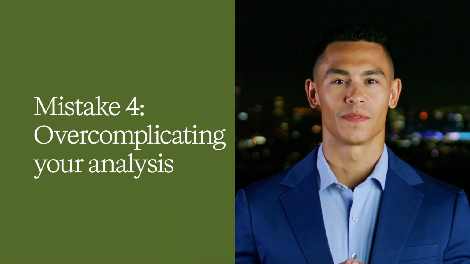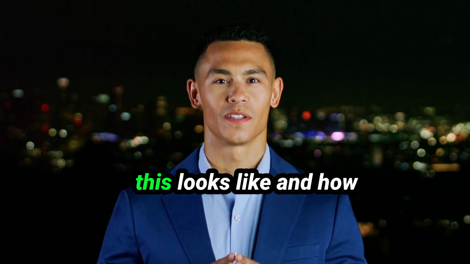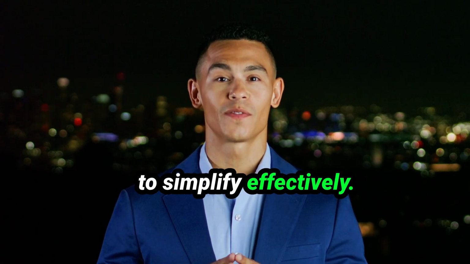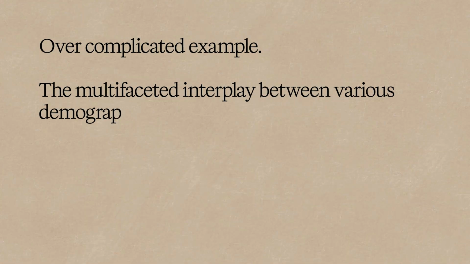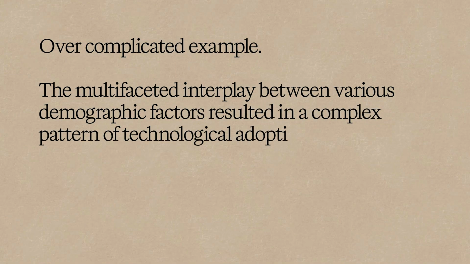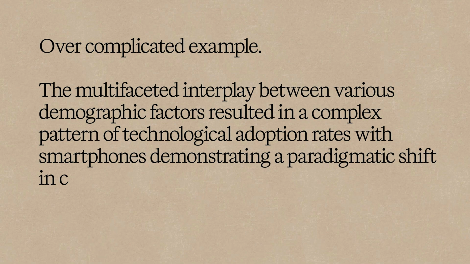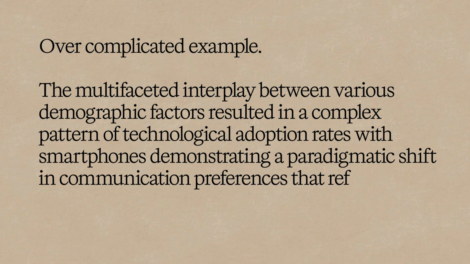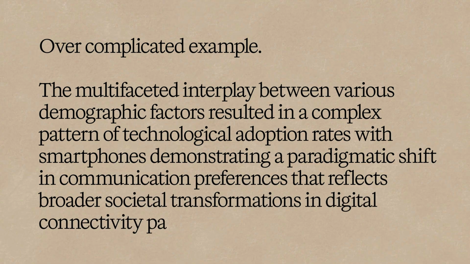Mistake number 4, overcomplicating your analysis. Make it simple and to the point. Let me show you what this looks like and how to simplify effectively. Overcomplicated example. The multifaceted interplay between various demographic factors resulted in a complex pattern of technological adoption rates, with smartphones demonstrating a paradigmatic shift in communication preferences that reflects broader societal transformations in digital connectivity patterns.